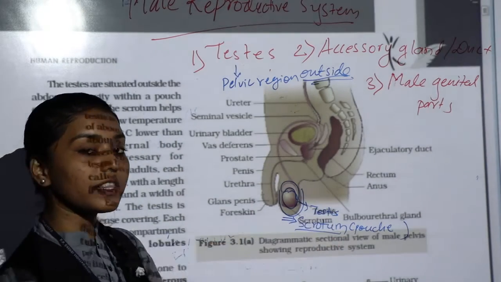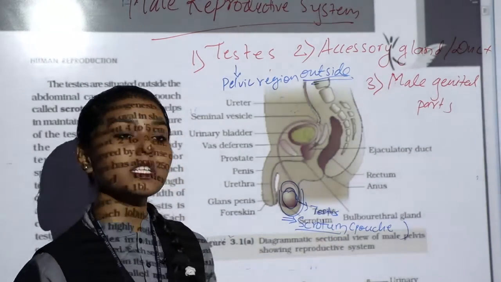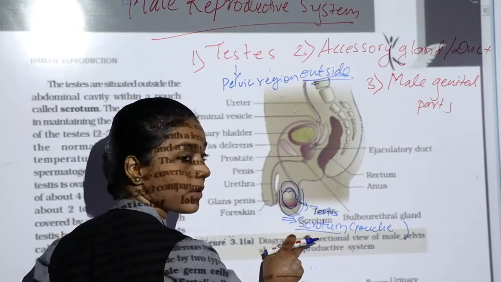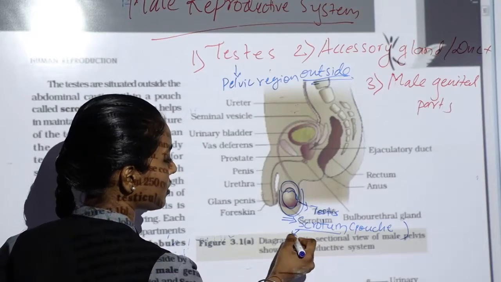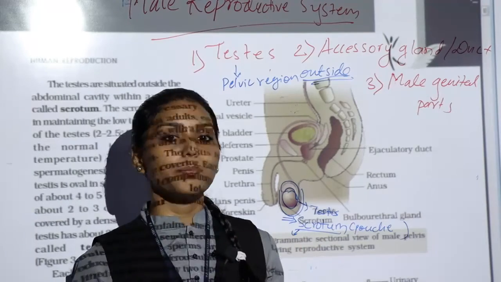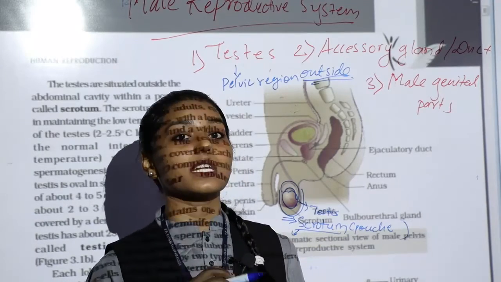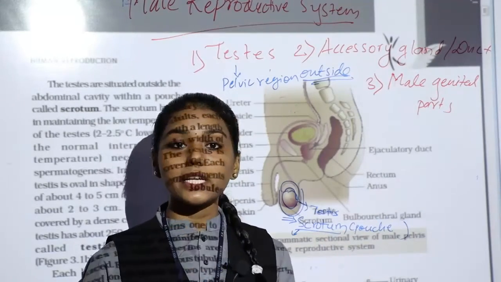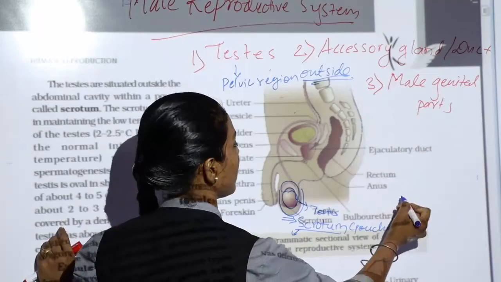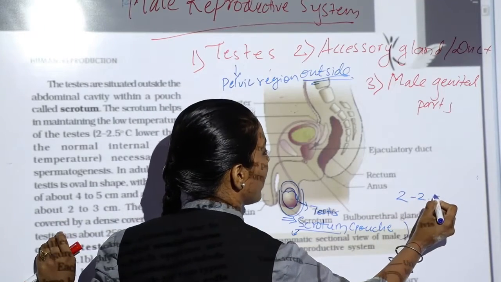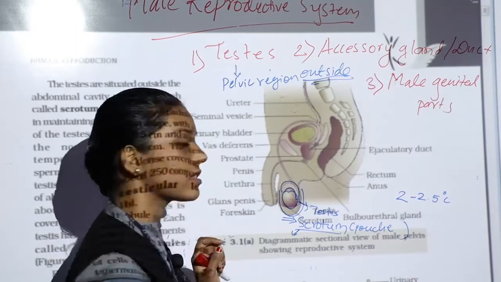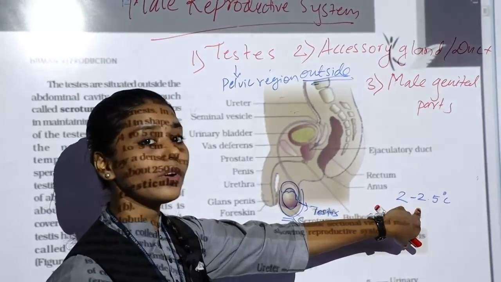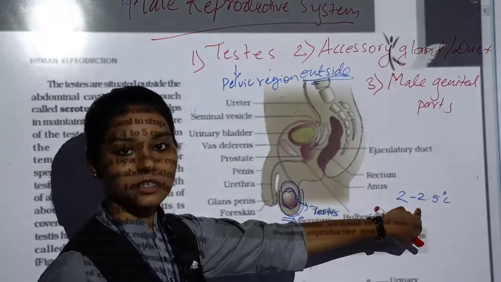I hope you are clear with testes. Testes are present within the pouch known as scrotum. Now what is scrotum? It is a muscular bag like structure which carries testes in it. It is also involved in maintaining the temperature of testes, that is 2 to 2.5 degrees Celsius lower than the human body temperature.